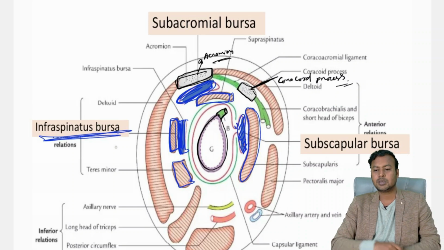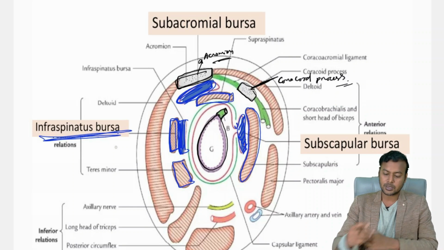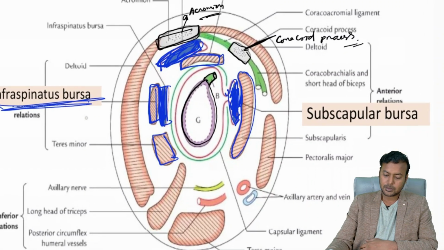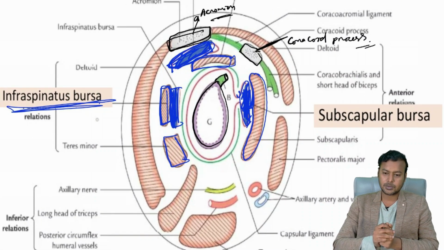So students, these are few important bursa which are in relation with the shoulder joint: the subacromial bursa, the infraspinatus bursa, and the subscapular bursa. Also, this image we'll see again when we learn about the different relations of the shoulder joint.